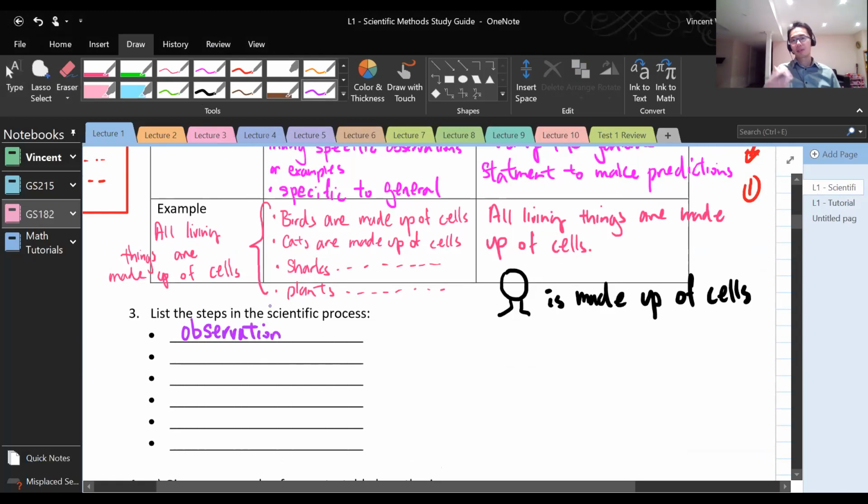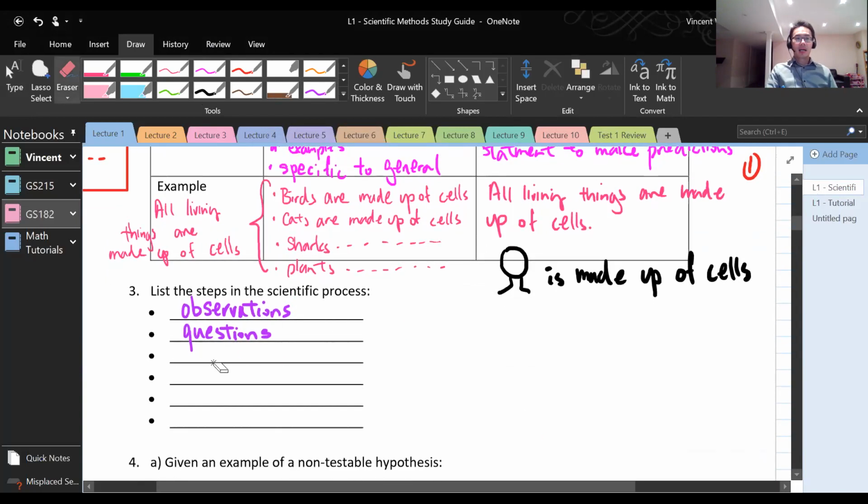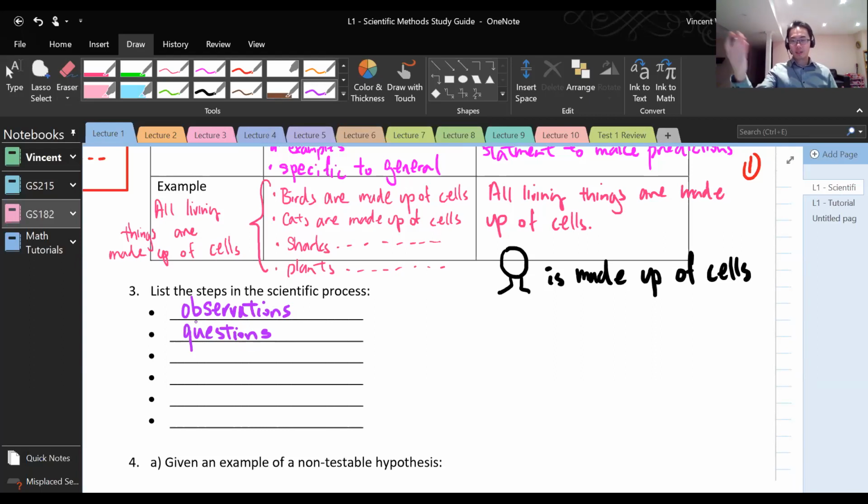Observation. So you're going to be seeing things, observing things, and then that might cause you to ask some questions. Why is it the way it is? Questions, observations, and from those questions, you're going to try to come up with possible explanations, to explain why it is that way or what it is that you're looking for.